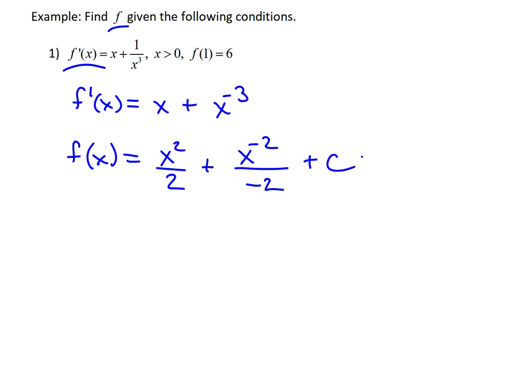Now, we want to clean this up a little bit and incorporate the fact that we have more information given in this problem. Simply by putting a plus c here at the end of this antiderivative, as we said above in our notes, that accounts for the most general antiderivative.